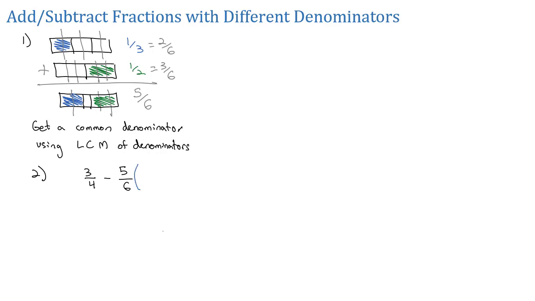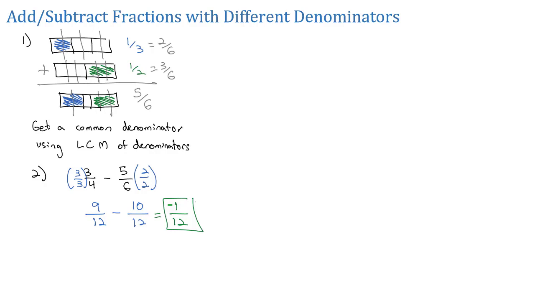So the second fraction, I'm going to multiply by 2/2 to get a denominator of 12 and a numerator of 10. In the first fraction, I can multiply by 3/3. That gives me a denominator of 12 and a numerator of 9. We've got a common denominator. Now we can subtract the numerators and keep the denominator to get our solution.